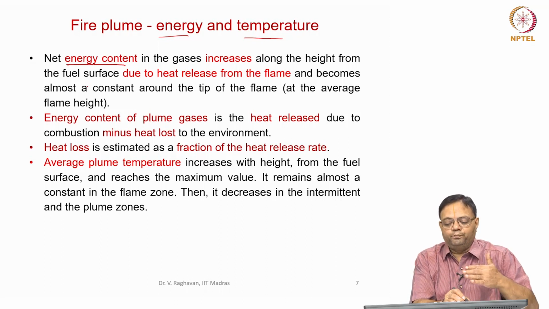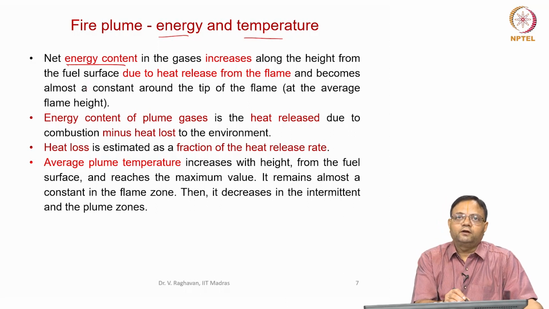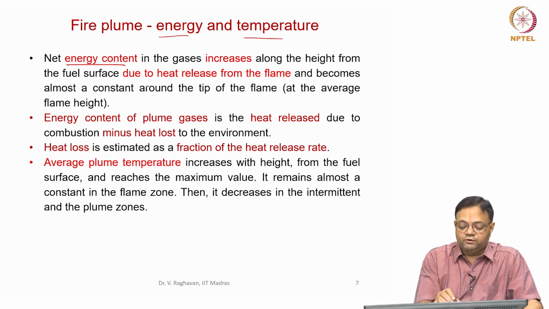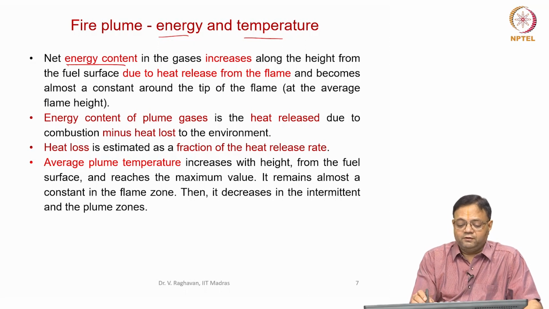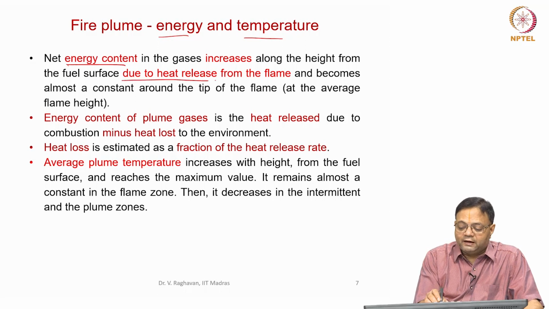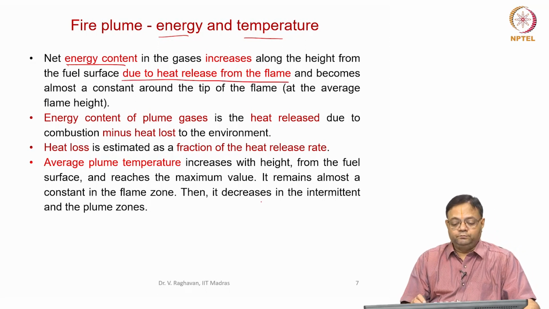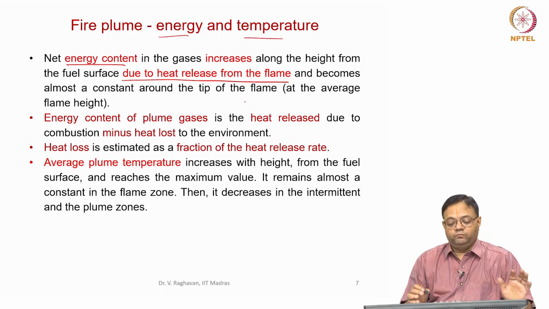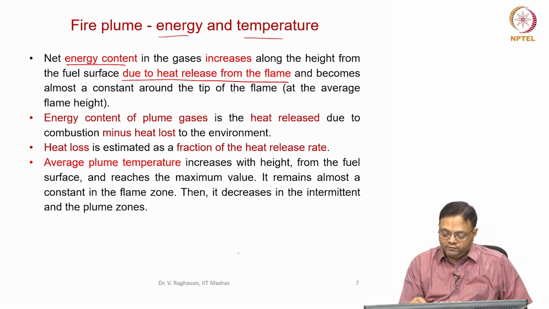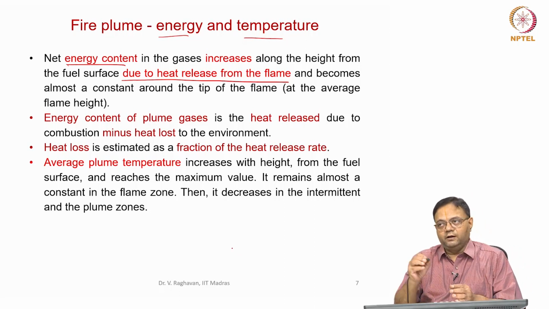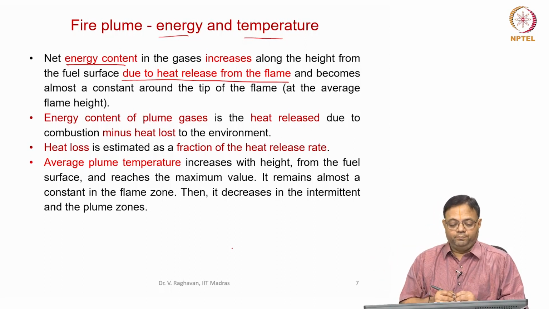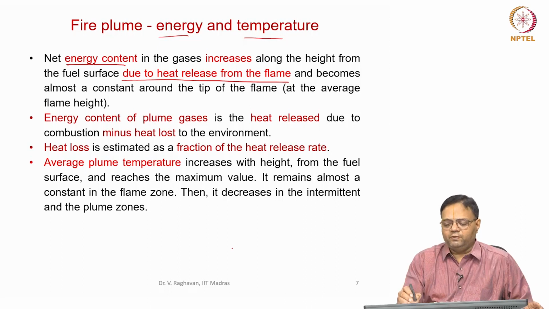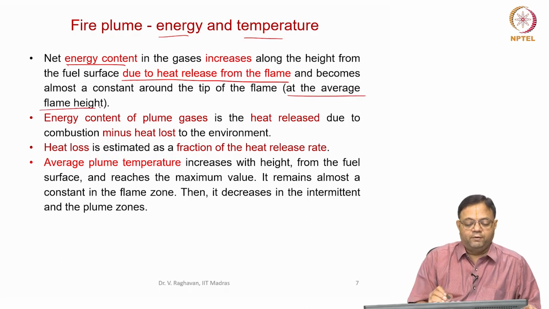When you go to a certain height from the fuel surface, chemical reactions take place and heat is released. So, the energy content of the gases increases due to the heat release from the flame, and at the tip of the flame the energy content becomes constant. It increases from the base and becomes an almost constant value at the tip of the flame. The tip of the flame we can take as some average flame height, which we have discussed.